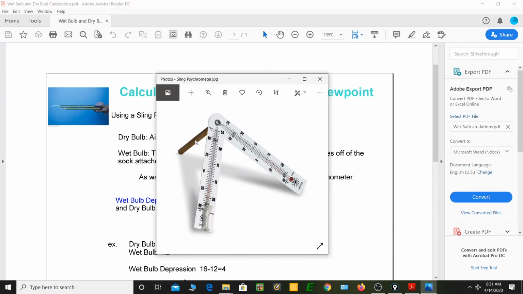What it is, it's a stick, and we spin it around in the air. It's got two thermometers. This is a dry bulb. This is a wet bulb. The dry bulb simply tells the temperature of the air. The wet bulb has a little piece of cloth that's dipped in water. As water evaporates off of this, it draws heat out of the thermometer and causes the temperature to go down.